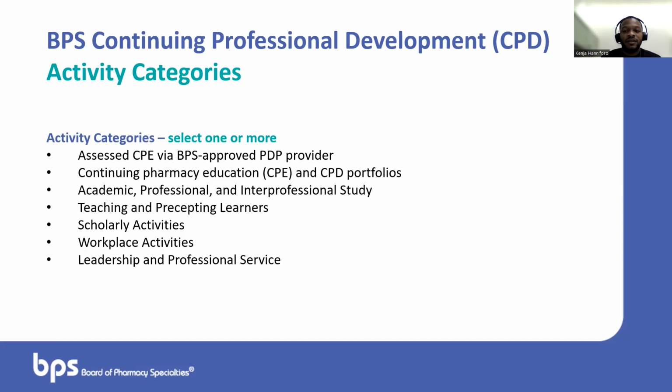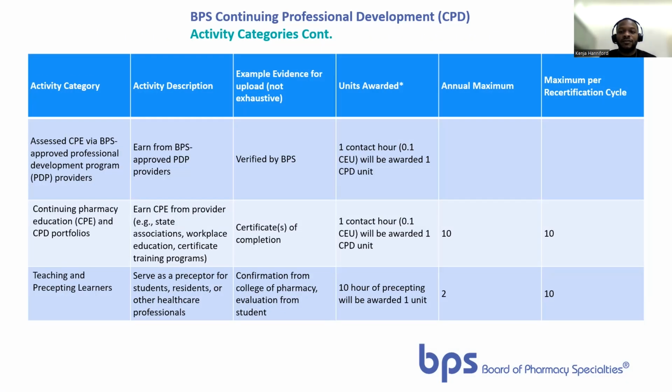As noted in the first bullet, completing all 100 units required for recertification through a BPS-approved professional development program remains an option. The table on the screen shows an example of 3 CPD activities. This table is not exhaustive, as several other activities exist. Please view the full list on the BPS website.